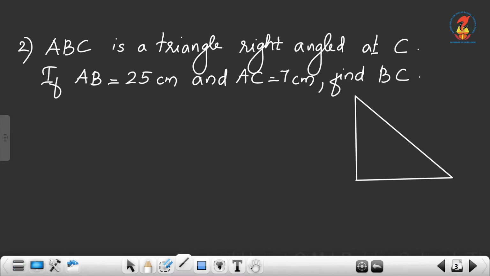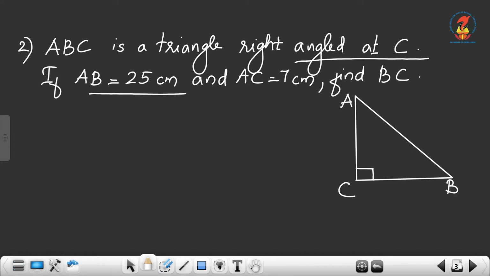ABC is a triangle right angled at C. So, the measure of angle C is 90 degree. Then we can name the other two vertices as A and B.